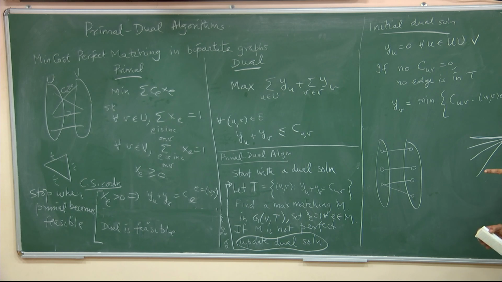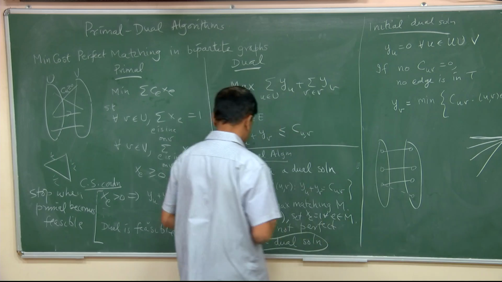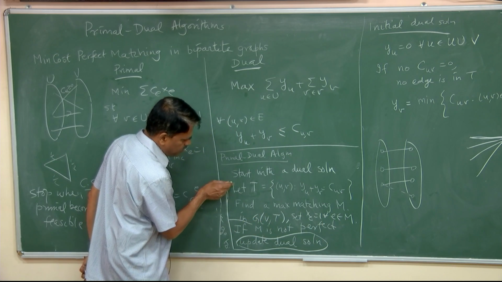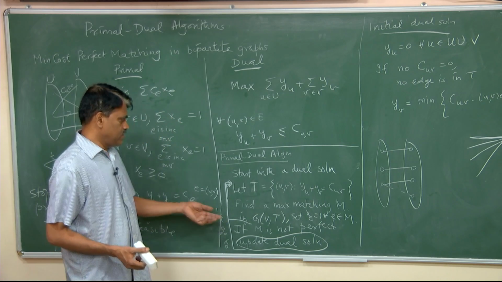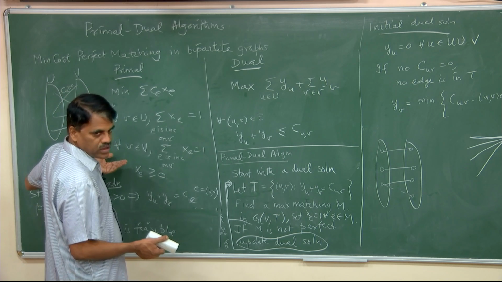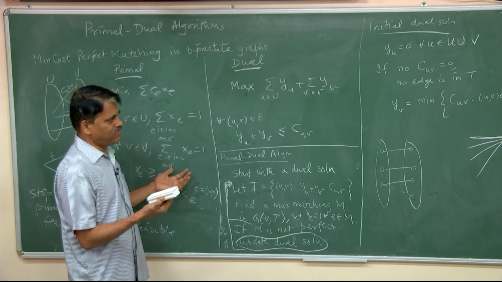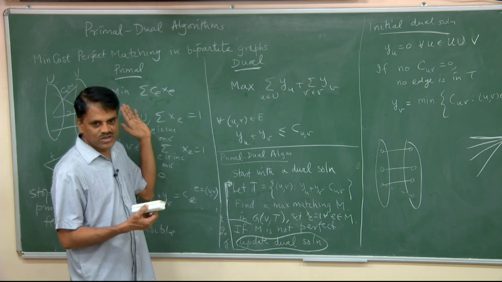You see the problem? Let's look at this point. I have some primal solution, right? Whatever part of this maximum matching I found has XE equal to 1, and I have a dual solution, and I'm trying to argue that these two objective functions need not be the same.